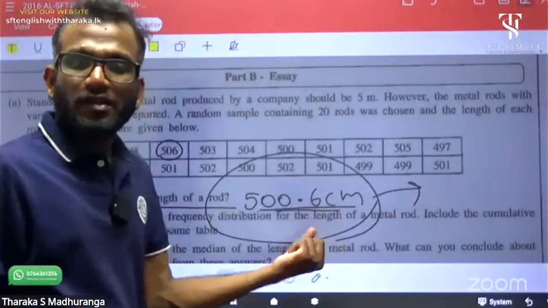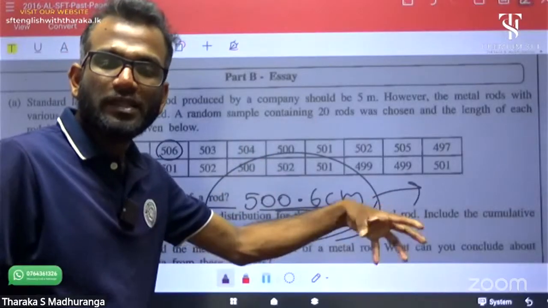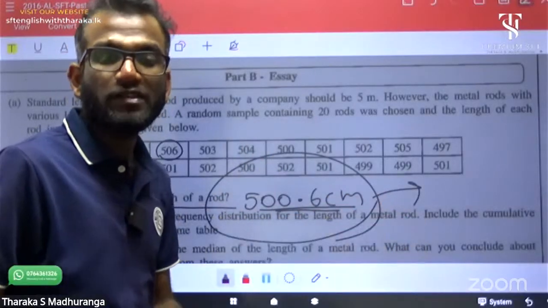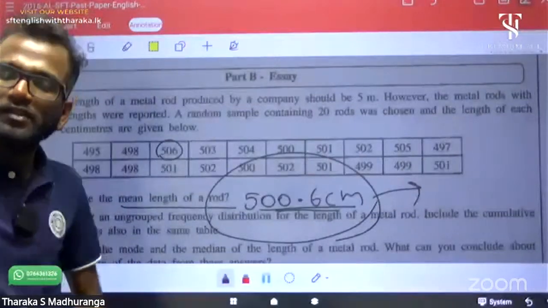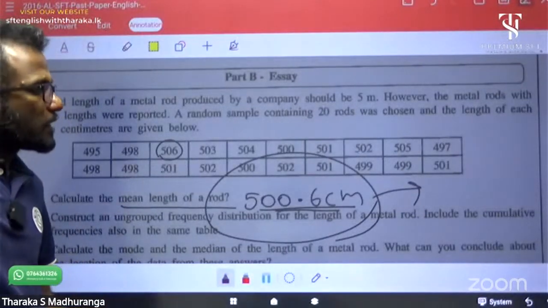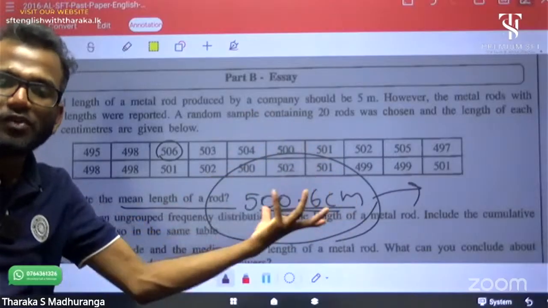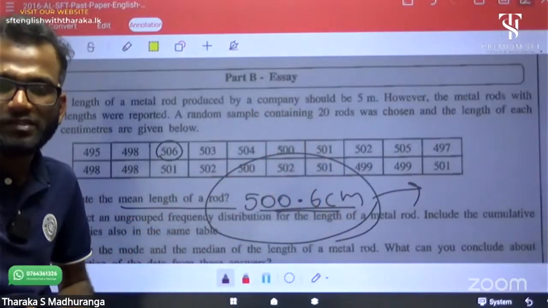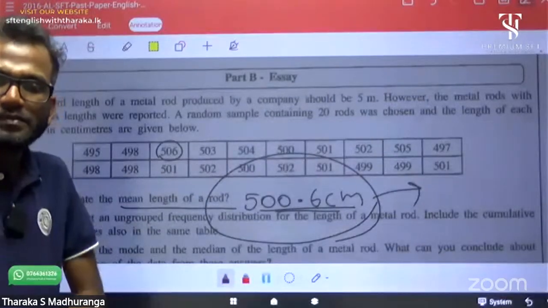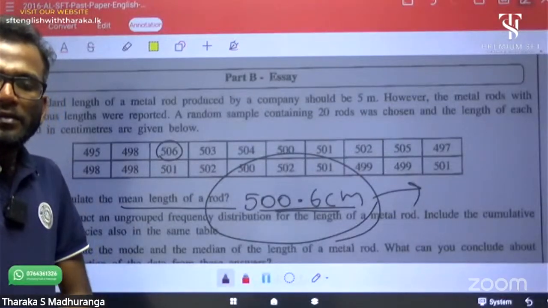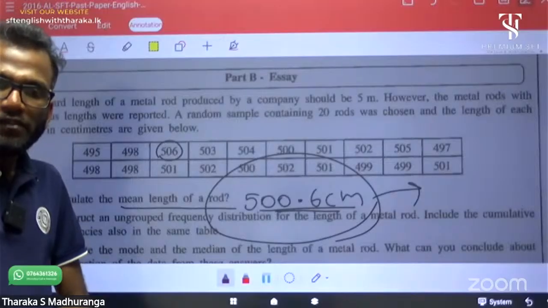What is the reason our group frequency method is different? Can anyone explain? This is the actual mean, but if you use the group frequency distribution, it is different. It is not the accurate value.